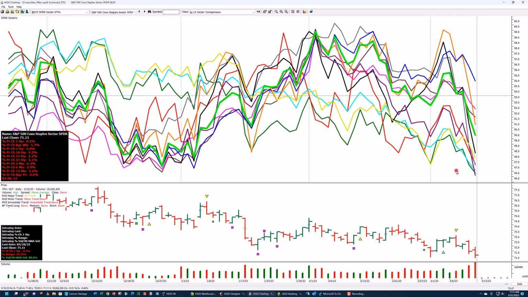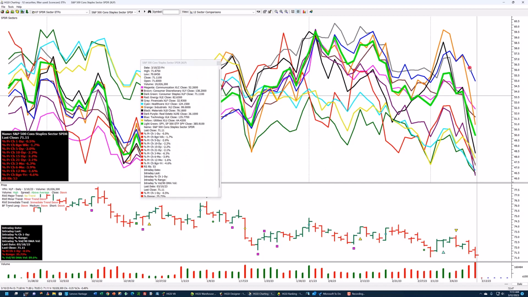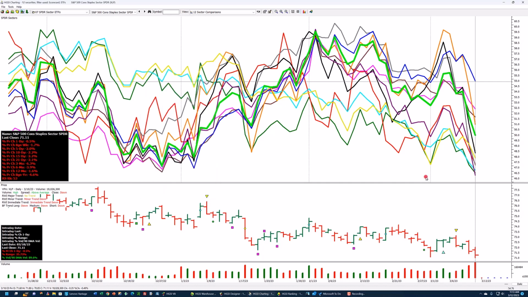Now this looks kind of like a jumbled mess, but if you hit the alternate I key, it will identify these colors. Make sure you click on the last day, and then if you go over here and look at the color coding, it tells you what these are.